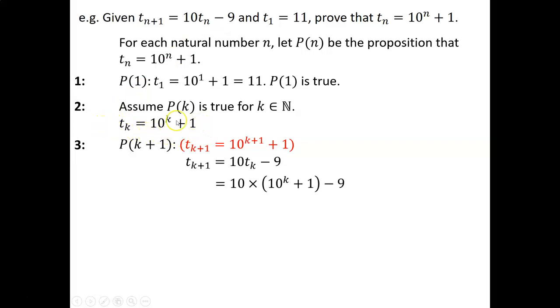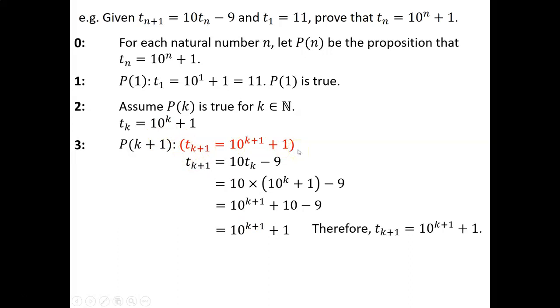T(k), from my assumption at step 2, I can rewrite as 10 to the power of k plus 1. I can then expand my brackets and write 10 times 10 to the power of k as 10 to the power of k plus 1. I can simplify the 10 minus 9 here. And this was what I was aiming for. So T(k+1) is equal to 10 to the power of k plus 1 plus 1.